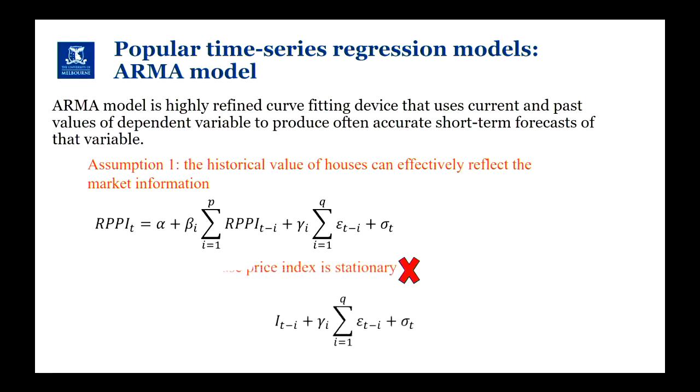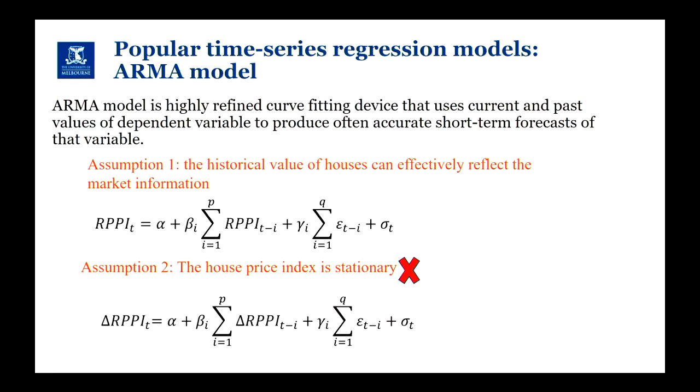Another assumption is that the house price index is stationary. As we mentioned, if it's not stationary, this model will not be accurate or reliable. Because the house price is not stationary, we can only estimate the ARMA model based on the changes in house price.